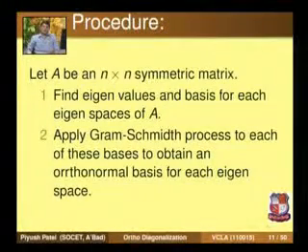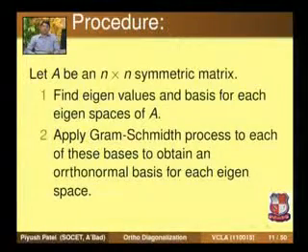Therefore let us take an n by n symmetric matrix. At the first stage, we find the eigenvalues and a basis for each eigenspace.